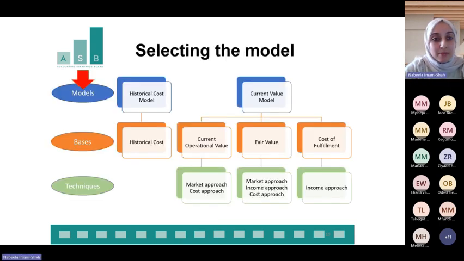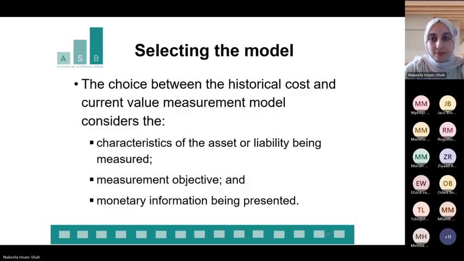Looking at selecting the model, historical cost model versus current value model. Now remember that the measurement models are your approaches to measure assets or liabilities in the financial statements. Assets and liabilities recognized in financial statements are quantified in historical terms or current terms.